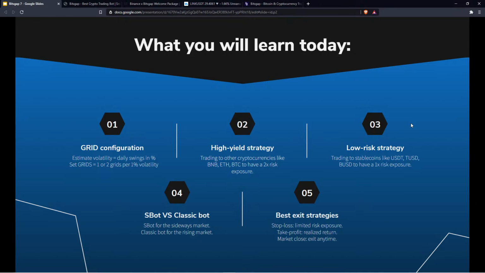Meanwhile, I will tell you what we will discuss today and what the hot topics are that we will cover, because many of you asked to elaborate on what makes the SBot different from the classic bot, and when it is optimal to launch the SBot compared with the classic bot.